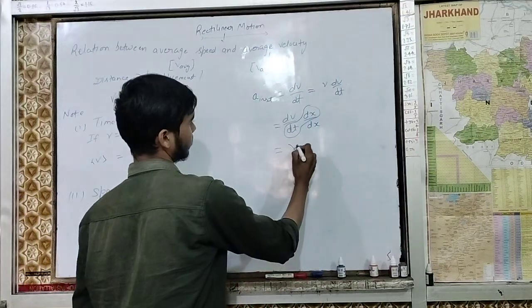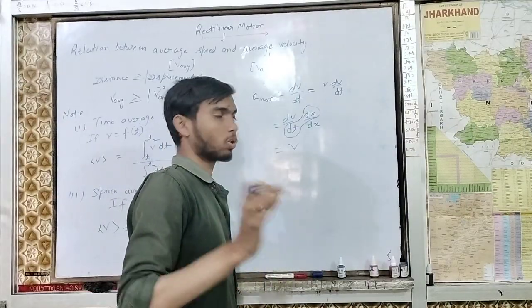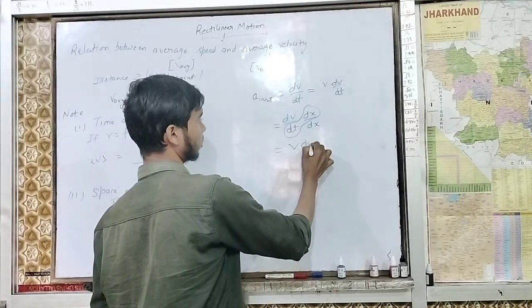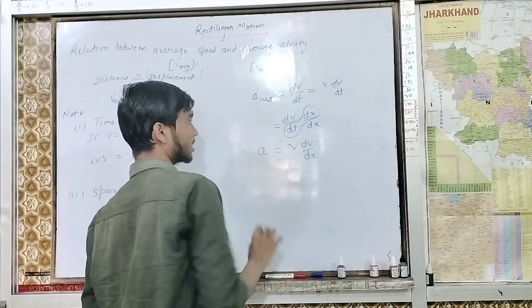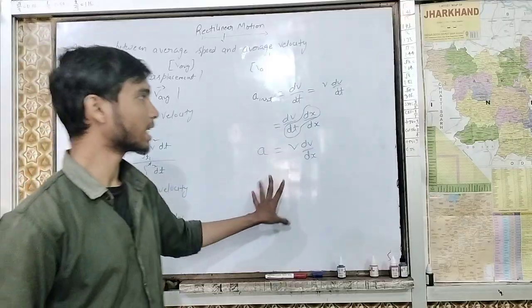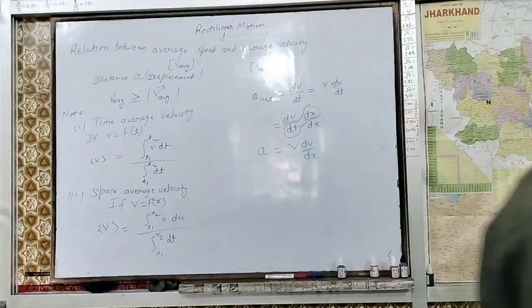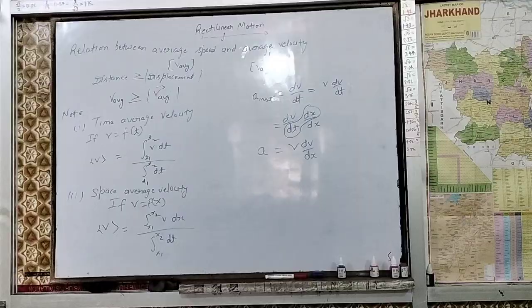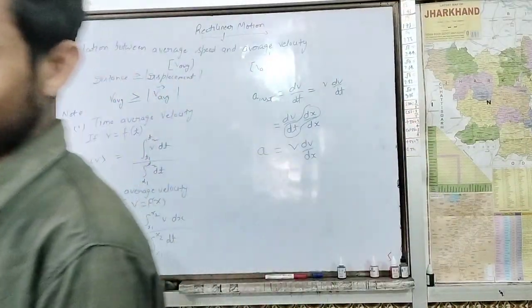Whatever is left, you write over here, dv upon dx. You can see this instant acceleration is providing a relation between velocity and position.